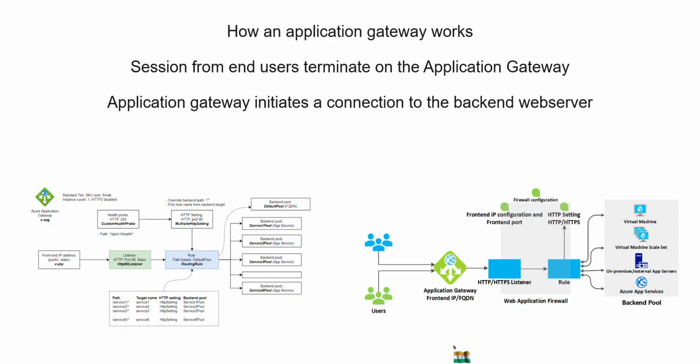The application gateway will have one public IP or one private IP, or it can have one public IP and one private IP, or it will just have one public IP.